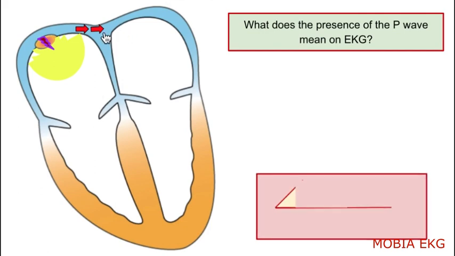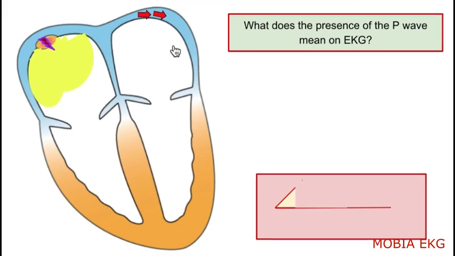When the electrical signal reaches the superior part of the left atrium, a large part of the right atrium is already depolarized. As a result, this makes a bigger deflection of the P wave from the isoelectric line.